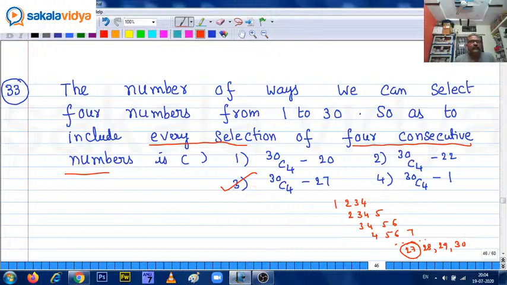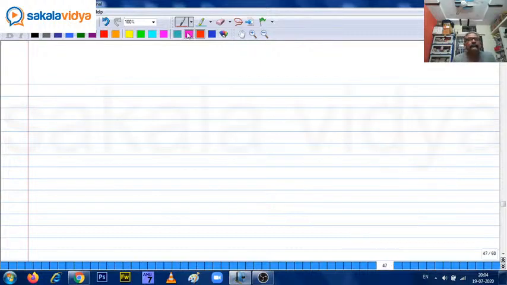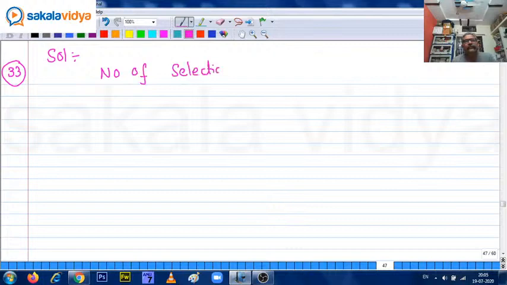Okay, now I will tell you how to find out. See the solution now. Question 33 solution. The number of selections of four numbers from 1 to 30, which means 30 numbers, is 30C4.